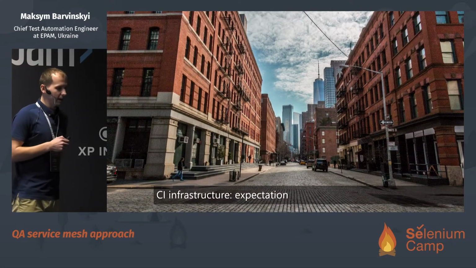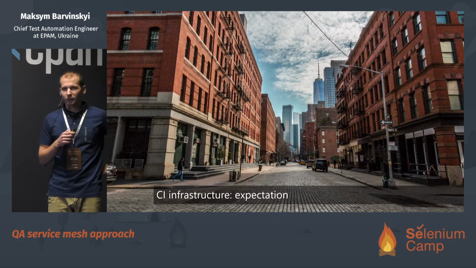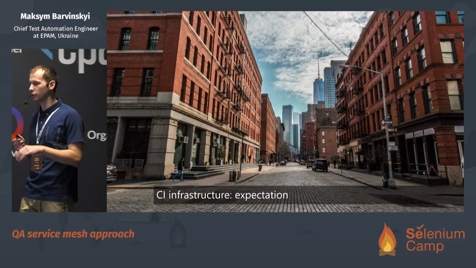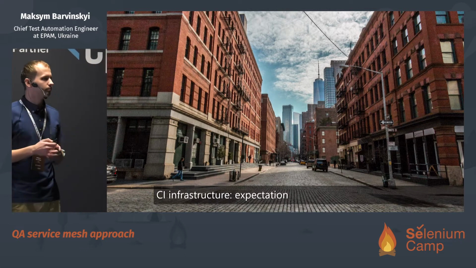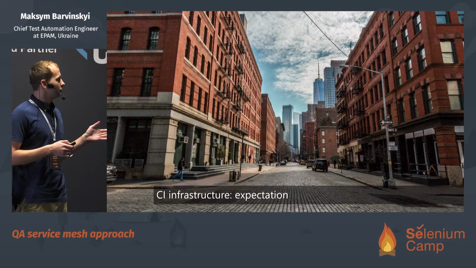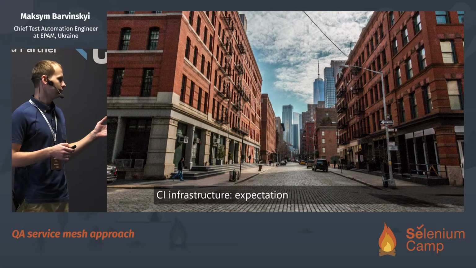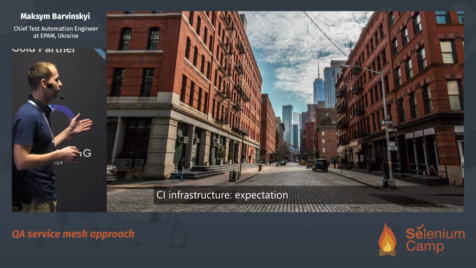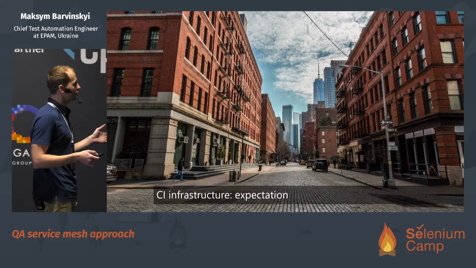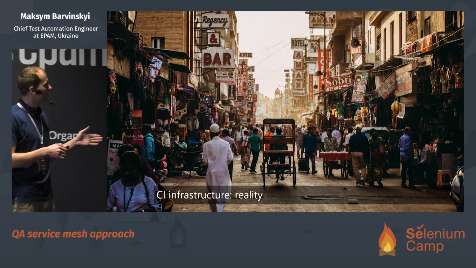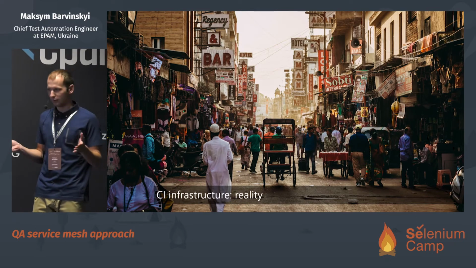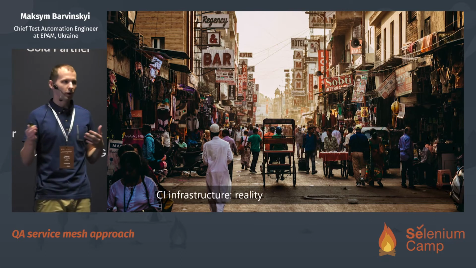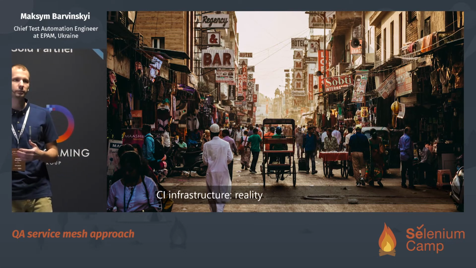Sounds good? Then, when you look at your infrastructure, like your CI, your documentation, you would like it to be clear, well organized, easy to orient in. But our infrastructure was more like this, because those artifacts were created by different people.